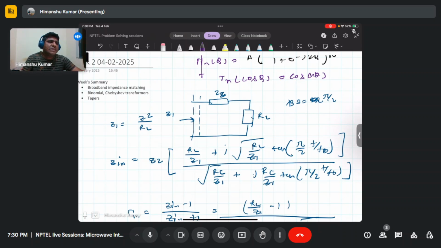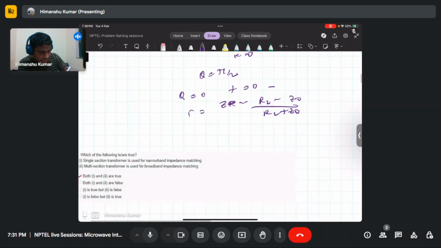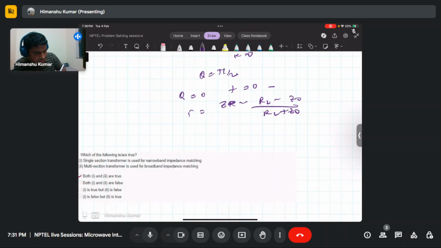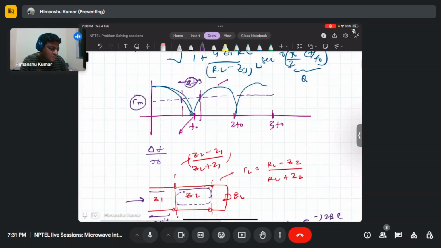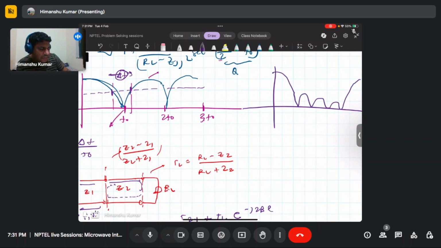In these transformers, because of the multiple reflections, this expression is for a single-section line, and if you take multiple sections, it will show ripples in the passband.